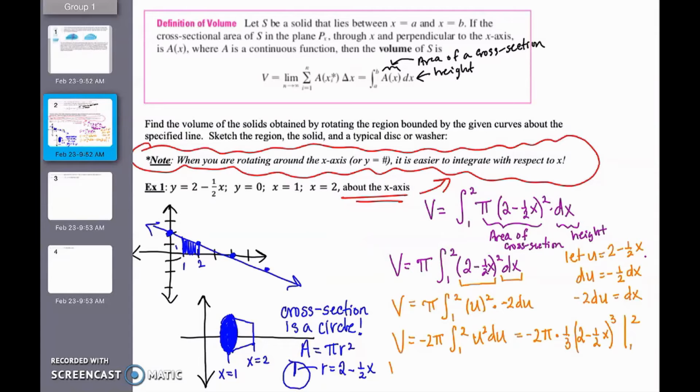So our volume is going to be equal to negative 2 pi over 3, right?